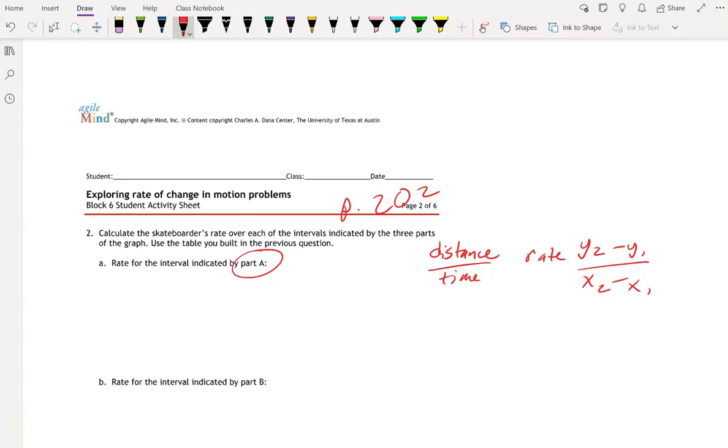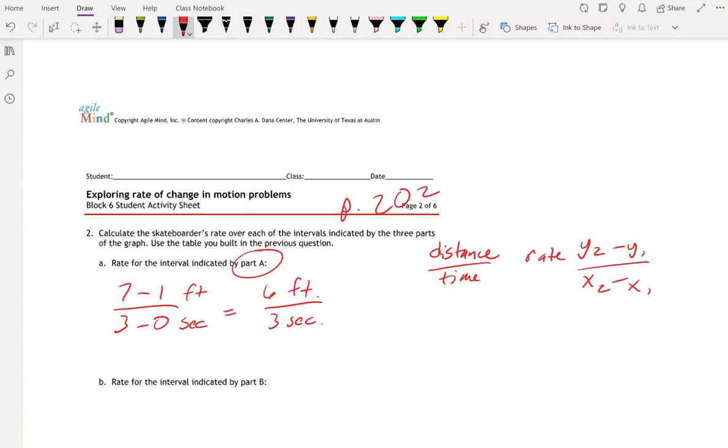And for part A, the last part of part A was 7 feet, and it began at 1 foot from the motion detector. And the time was 3 seconds minus 0 seconds. So remember, this is feet and this is seconds. 7 minus 1 is 6, so that's 6 feet. And 3 minus 0 is 3 seconds.